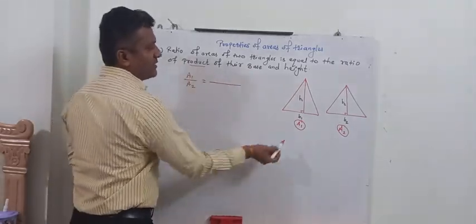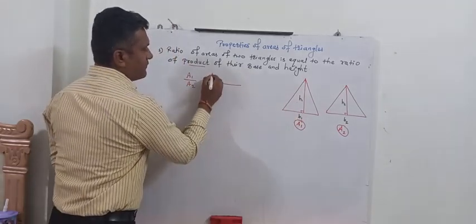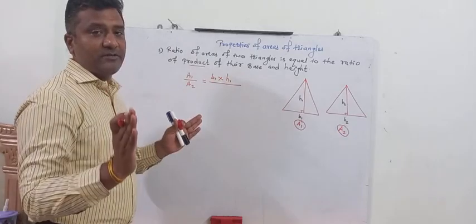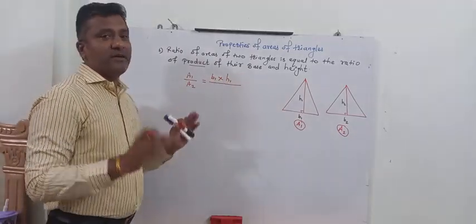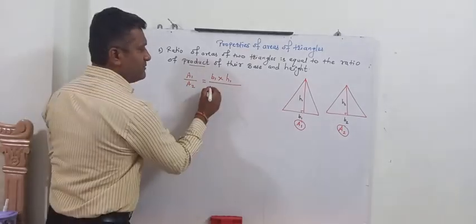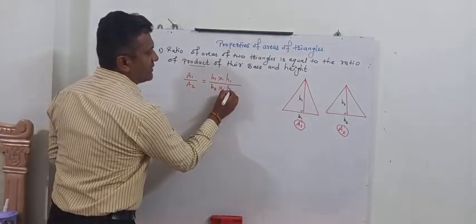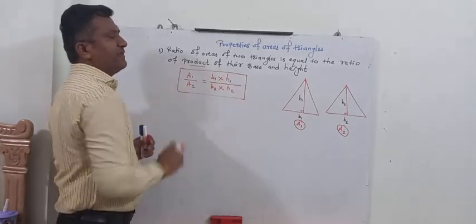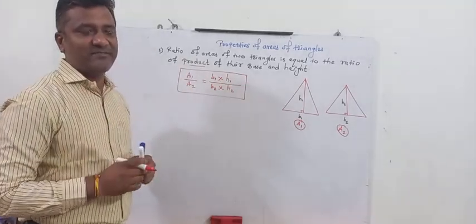Product means multiplication of base and height. So for the first triangle, B1 into H1. B1 is the base of the first triangle and H1 is the height of the first triangle. Similarly, we can apply it in the second triangle, that is base B2 and height H2. So this property is called the property of areas of triangles.